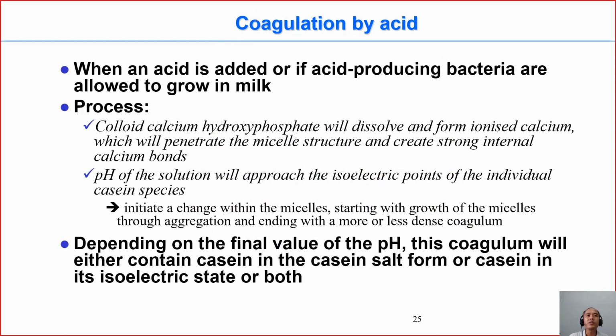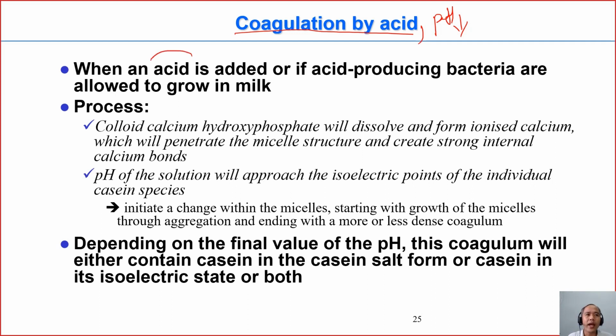Now first we discuss the coagulation of casein by acid. When we have an acid, it means that we lower pH, and then the casein micelles can coagulate together. In this slide, we will explain the mechanism. The first question is, when do we have an acid?